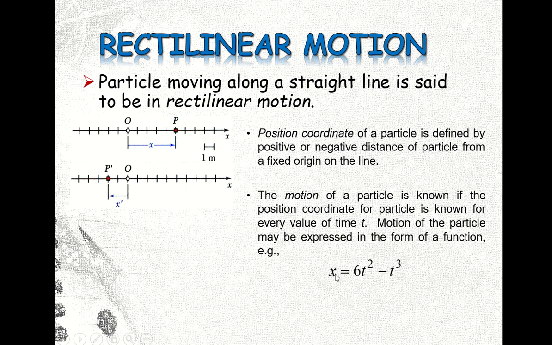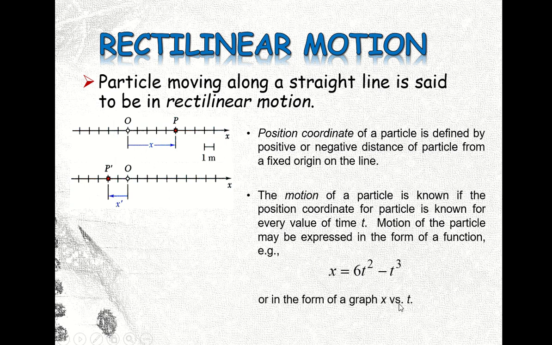But now we use x, so don't be confused. It can be any variable; we just define what the variable represents. In this case, we let x be the position of the particle with respect to time. So the position of the particle is expressed in terms of this function, x equal to 6t squared minus t cubed.